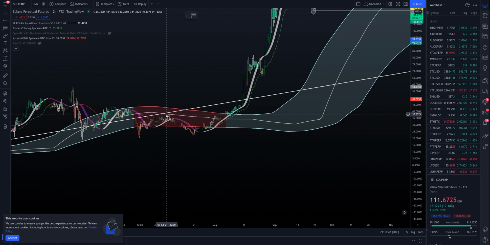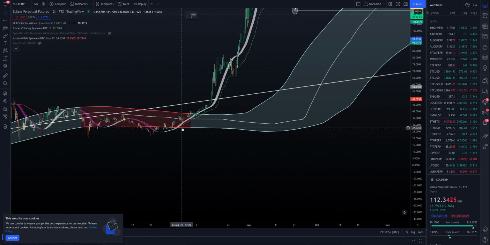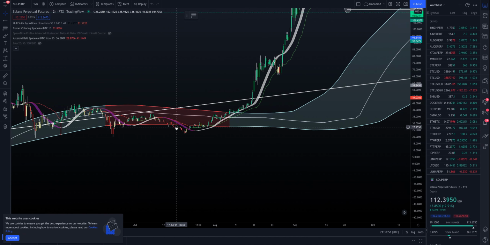This was the first tap of the midline since beginning of June. Rejected, came down, kind of treated as support, but ended up failing. This candle right here, after it failed, you can see it wicked up into it, rejected and closed red, even more bearish. So it went from 27 back down to 22.